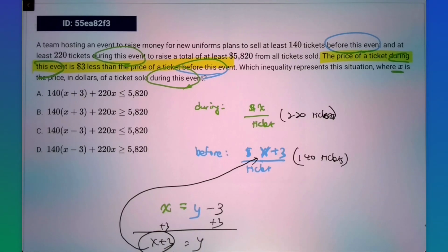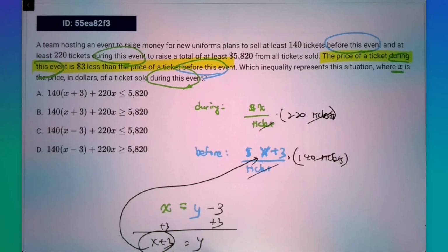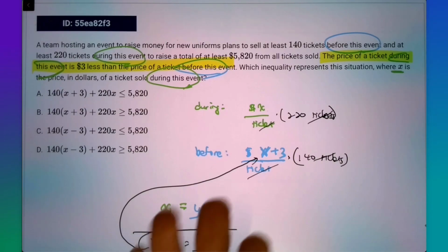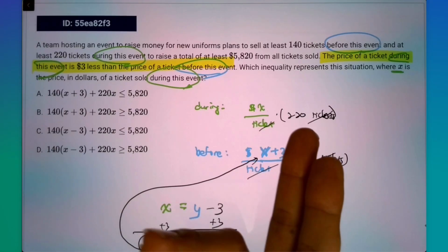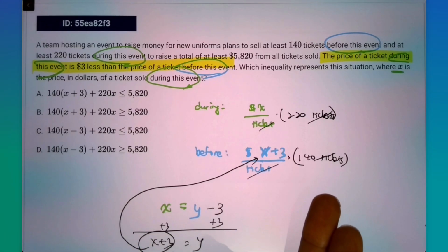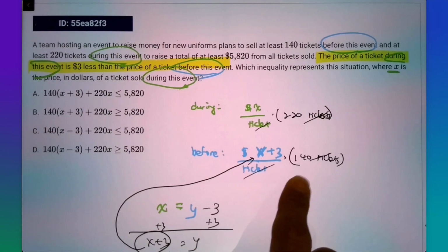Now you will see the unit tickets goes away when you multiply the unit rate with the number of tickets. When they say at least, yeah, you can sell more, but let's just keep it 220 for now, because the more you sell, the more income you get. So it's good to choose the lowest you can have.